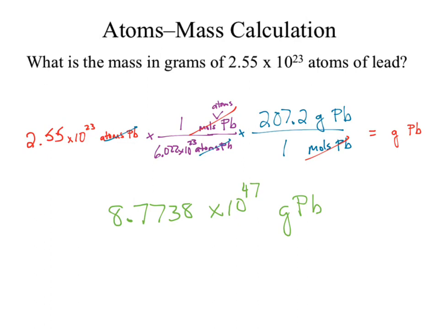I didn't do the math out of it. What did you get for that number? I got that number, but I wrote it as 8.7 grams of lead. You just got 8.7 grams of lead, not 8 times 10 to the 47?